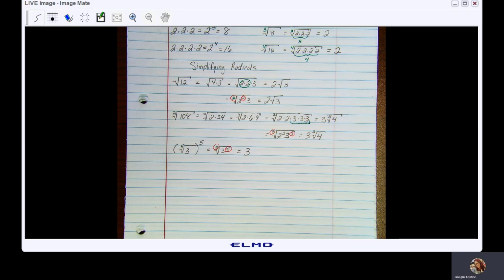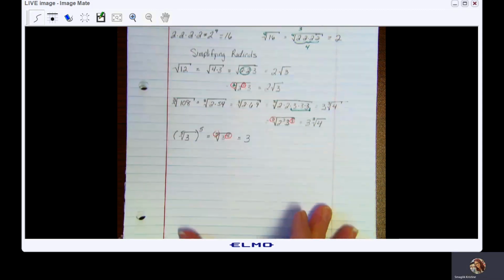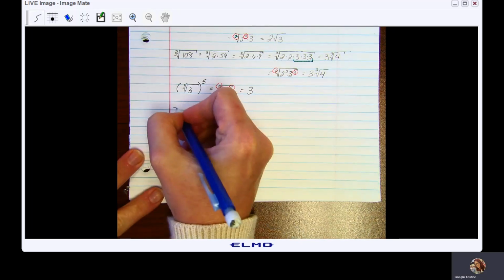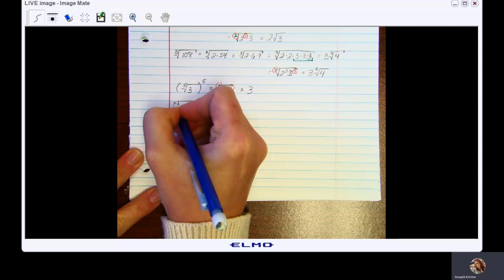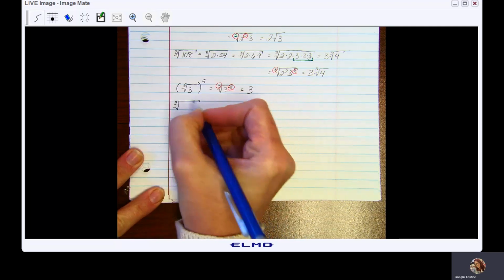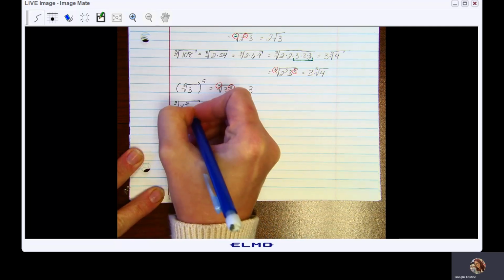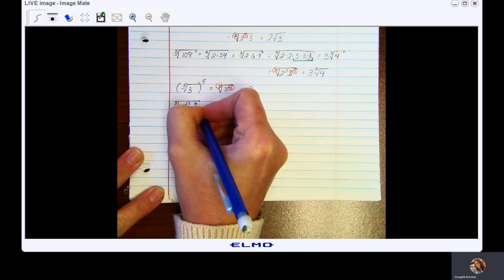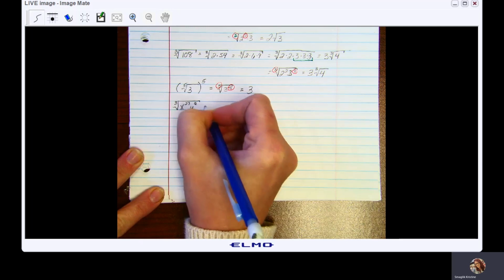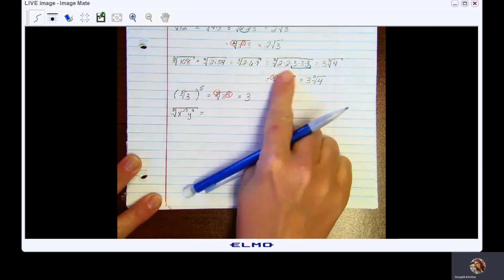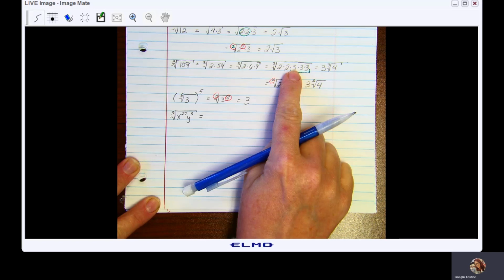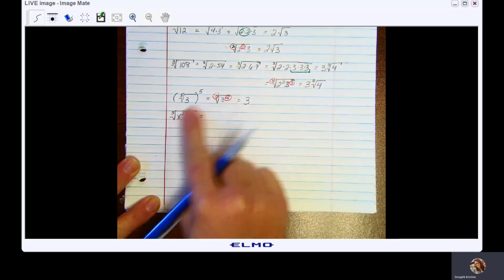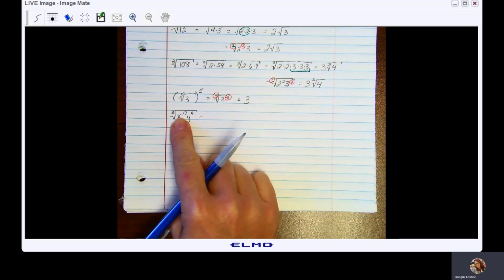Now let's take a look at another way to do this. I'm going to give you the cube root of x to the 27th times y to the 9th. Well, remember here, we're breaking things down into sets of how many times that number repeats. Another way to look at this, take your exponent.